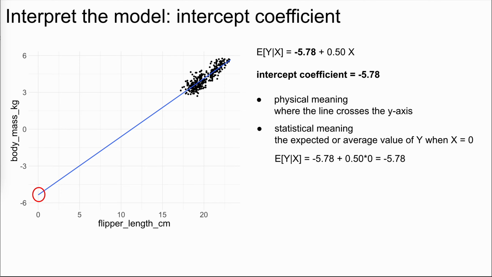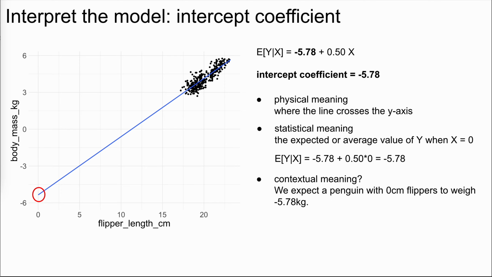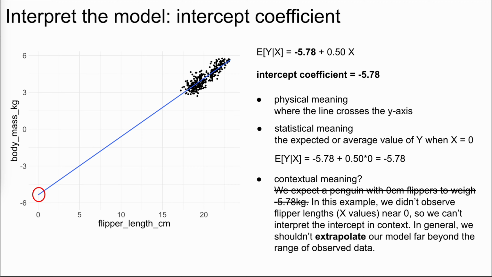In some examples, the intercept can also hold contextual meaning. For example, translating the x's and y's in our statistical statement to our penguin context, we might say, we expect a penguin with 0 centimeter flippers to weigh negative 5.78 kilograms. But that's silly.